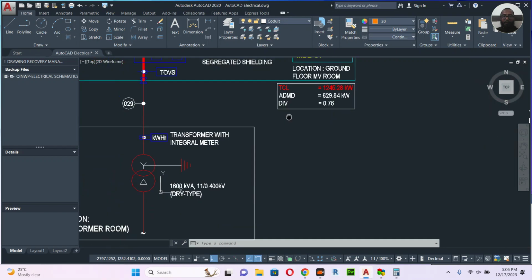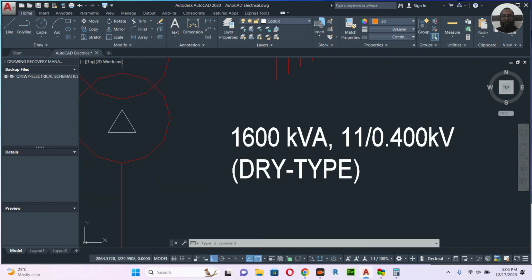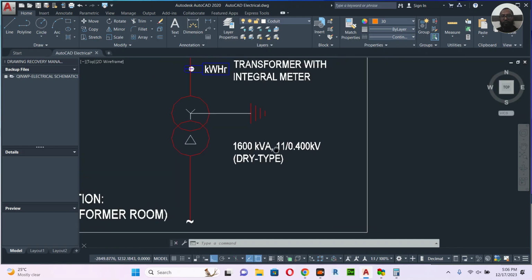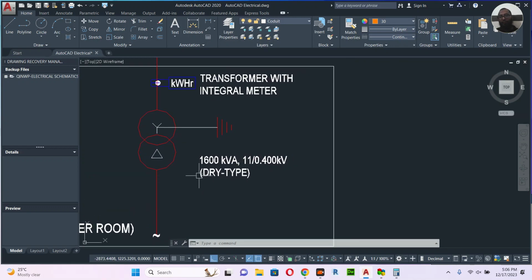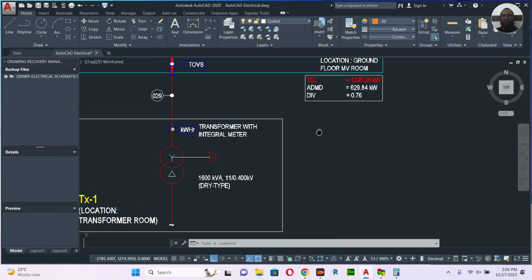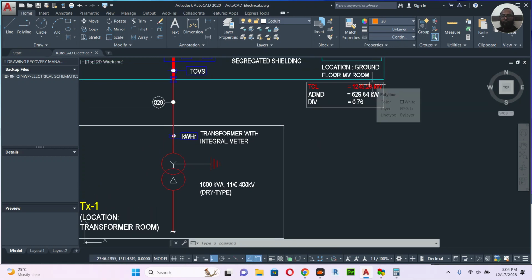That means this one is enough. 1600 kVA is more than enough. I hope you understand. I have the total connected load. I add 30% to this load and then I convert it to kVA by dividing by 0.8 because I am using a power factor of 0.8. So how much did I get?